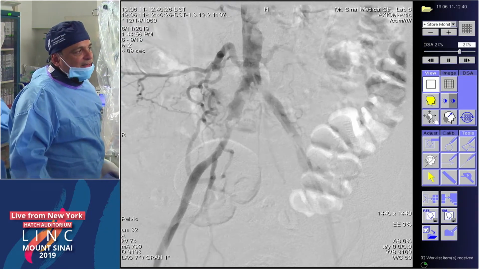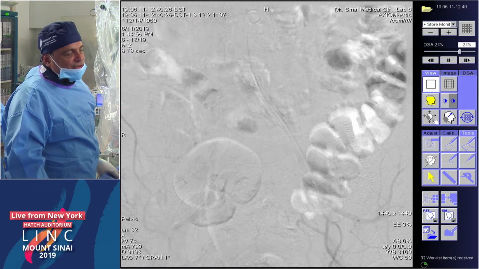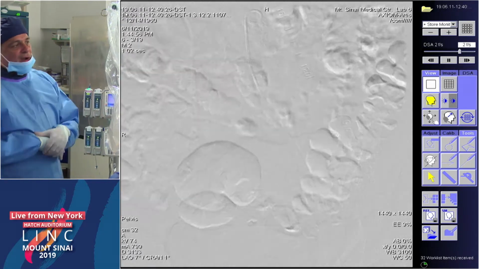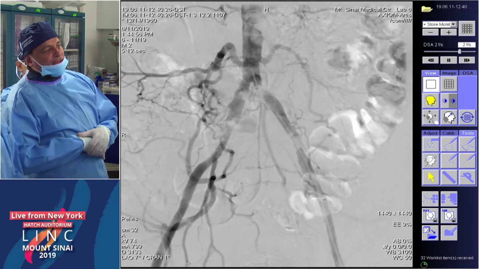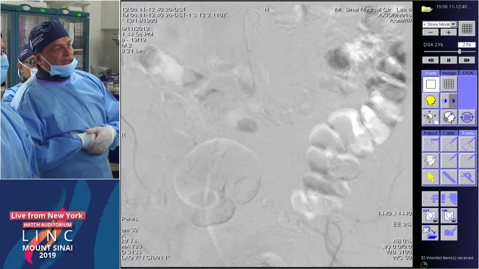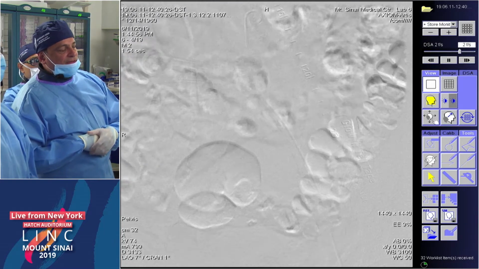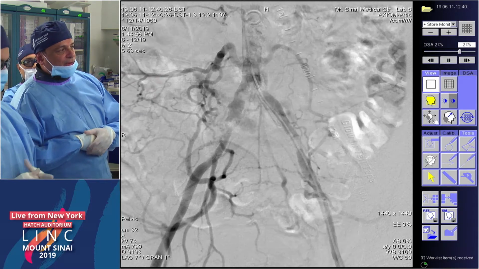He also has another severe lesion, just at the junction of the internal-external bifurcation, but just above it. I don't have ipsilateral views here, but I think it's still common iliac at that level. So this is where we're at, and we wanted to talk to you about how you would approach and treat this.